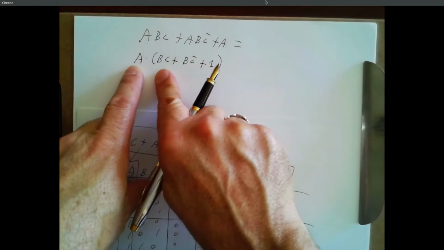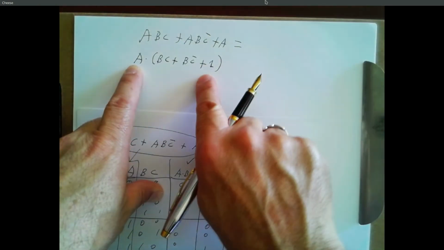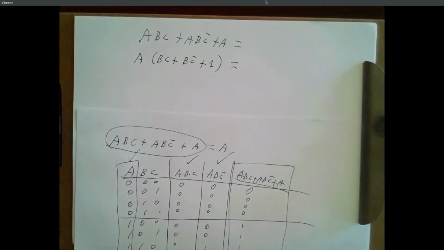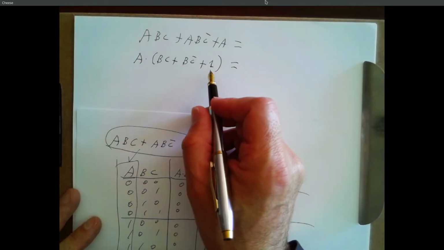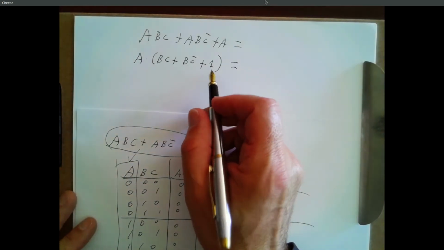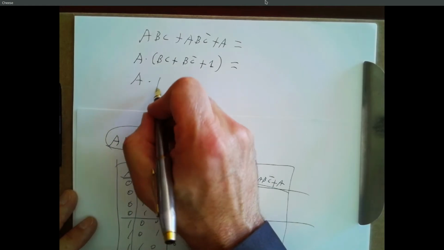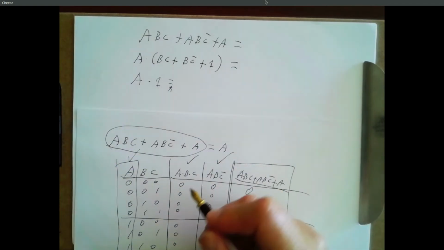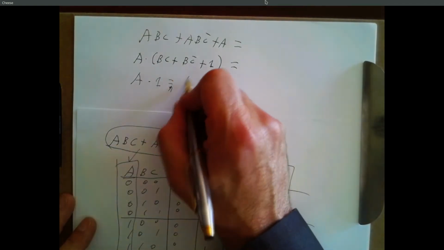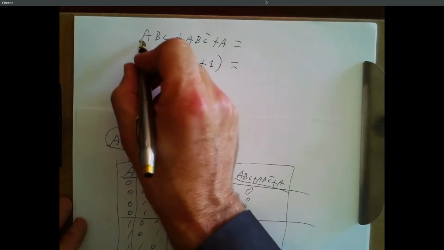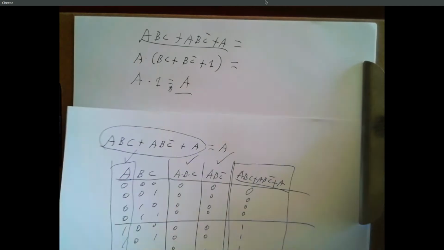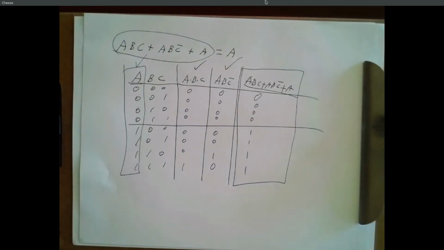Right, because A and BC is ABC, A and BC bar is ABC bar, A and 1 is just A. And then there's some fancy named theorem that basically says anything ORed with a 1 is just 1. Right, so this is A ANDed with 1, and there's another theorem that says that anything ANDed with 1 is just whatever you started with, and so this is just equal to A. And so that's algebraically showing that those two expressions are equivalent. This is doing it with a truth table. Make sense?